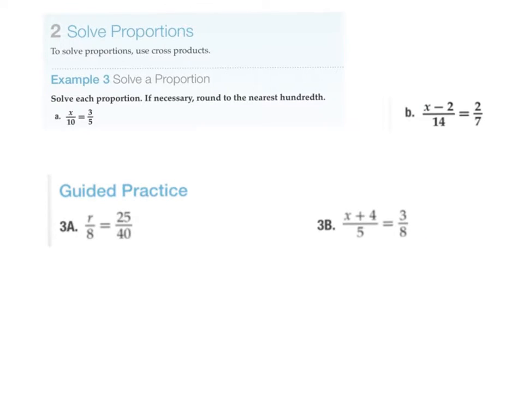Now we can use the same philosophy to solve proportions. That means, what if we don't know one of the variables in one of the ratios? We can find out what will make it equal. So if I cross multiply 10 times 3 and then divide by the other number, I get 30 divided by 5, and whatever that is equals x, which happens to equal 6.